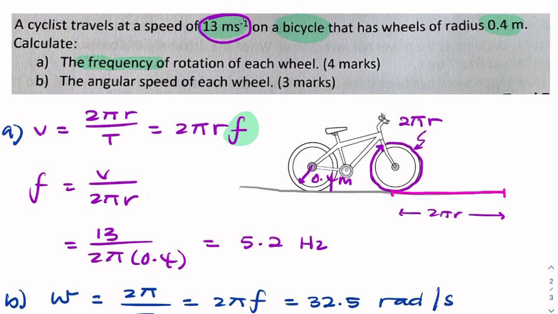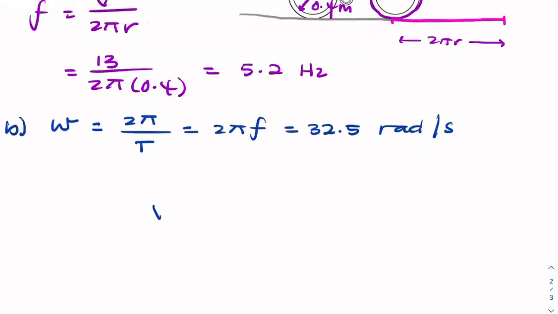Another way of finding omega, there is a relationship between v, omega, and r. So v equals omega r. So you could have said omega equals v over r.